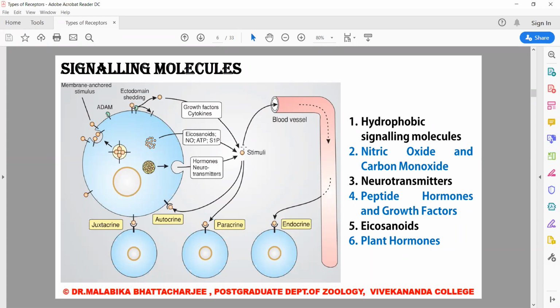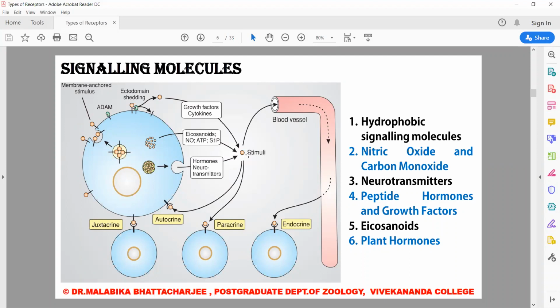A lot of growth factors also include hormones, mind it. There can be stimuli like eicosanoids, nitric oxides and ATP. And another important stimuli are the hormones themselves and neurotransmitters.